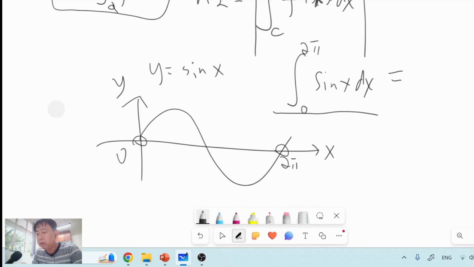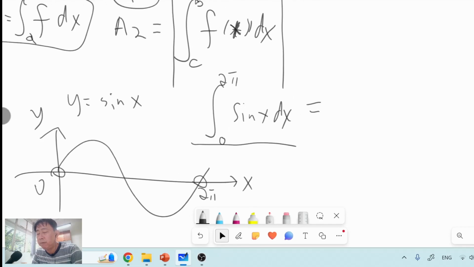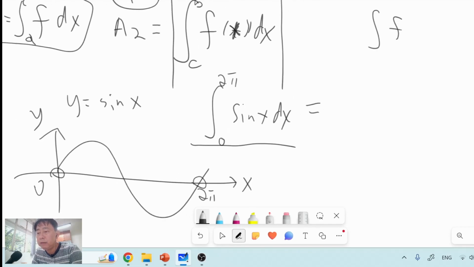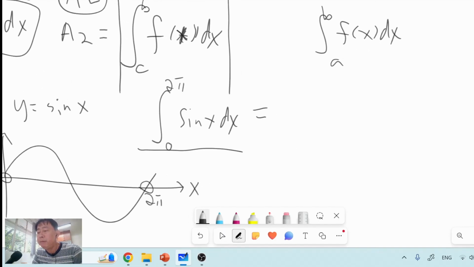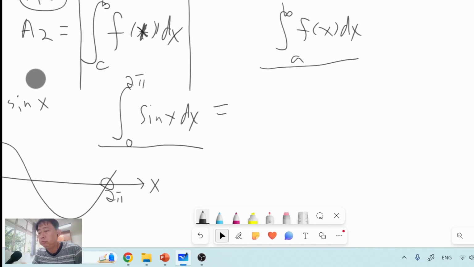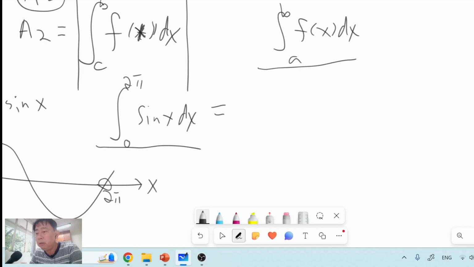So here, according to the fundamental theorem of calculus, if you are given some integrand function f of x to be integrated between a and b, the answer to the definite integration is obtained by first knowing the antiderivative of the integrand function. Here the integrand function is small f, and the capital F here is the antiderivative of the function.